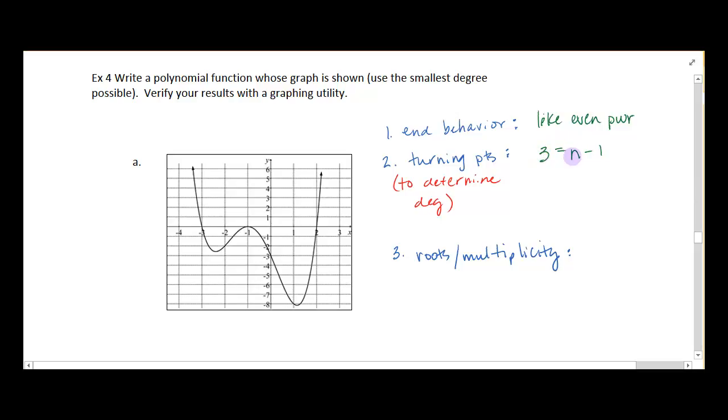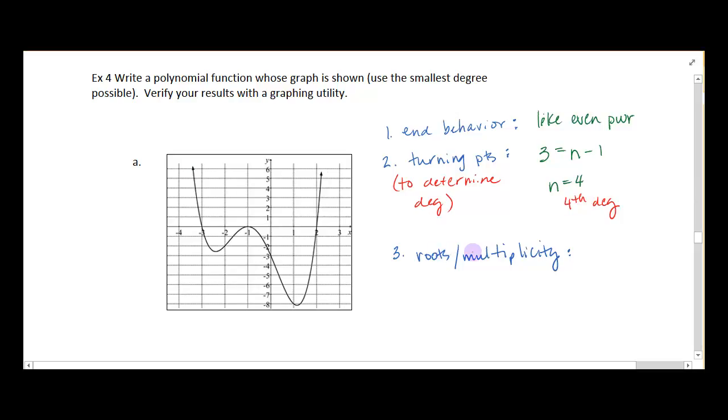By solving for n, we can see that n is equal to 4, which tells me this is a 4th degree polynomial. So n is the degree of the function. That goes back to the end behavior: if it is even powered, it would go off in the same direction, and a 4th degree is even.